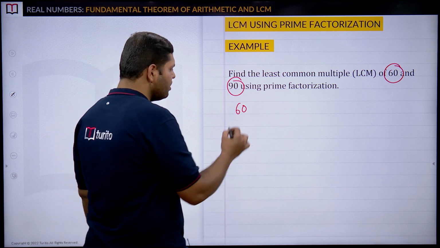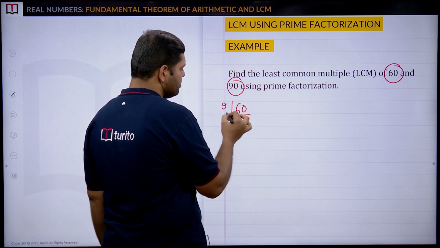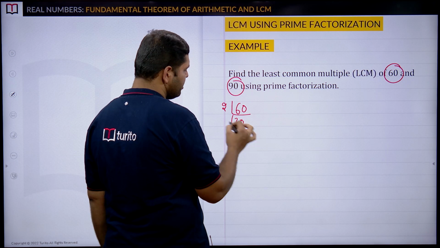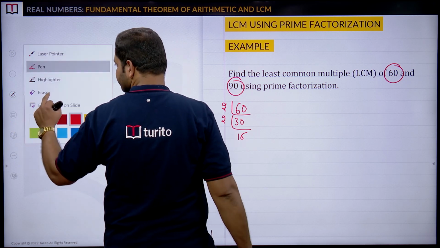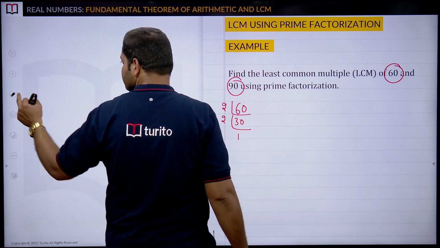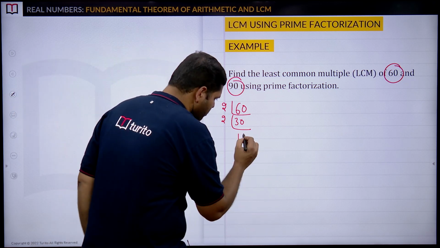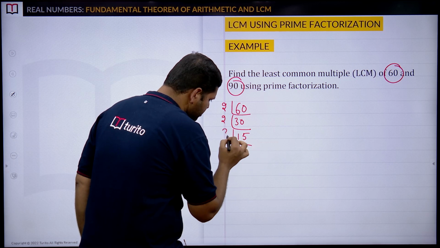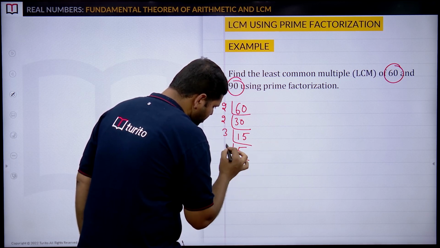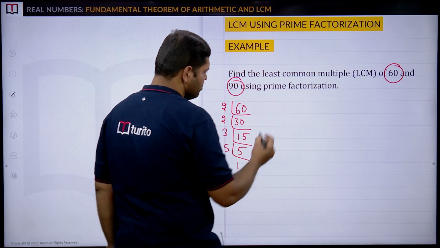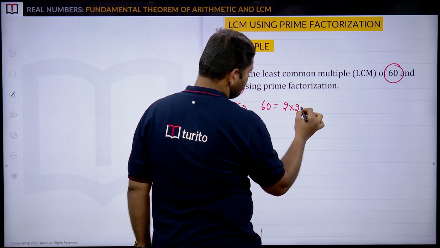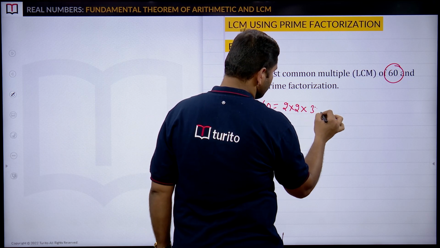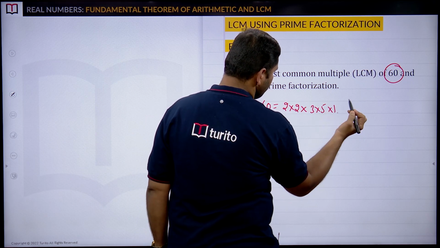Tell me children, how can we find the prime factorization of 60? 2 thirties are 60, 2 fifteens are 30, 3 fives are 15, and 5 ones are 5. So children, 60 I can write as 2 into 2 into 3 into 5.